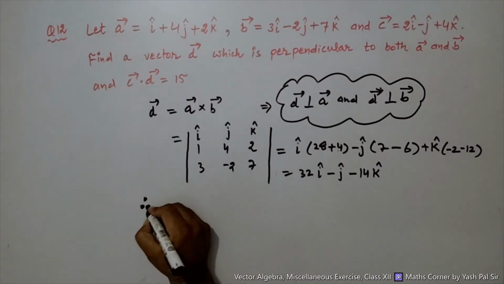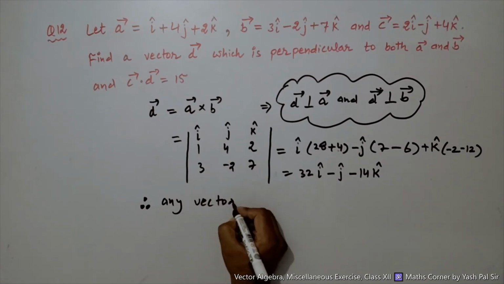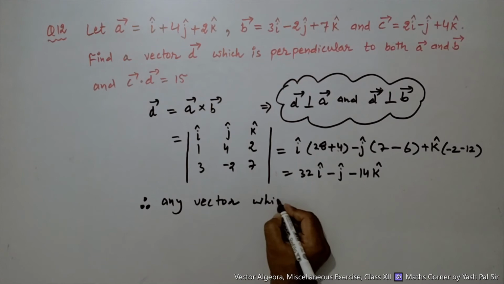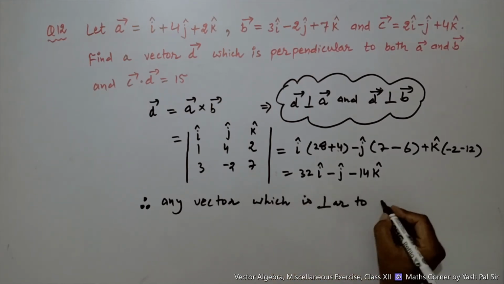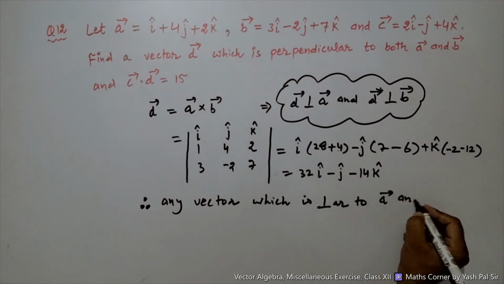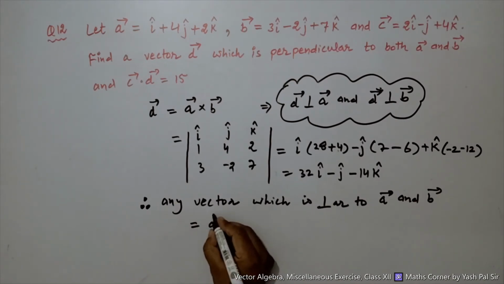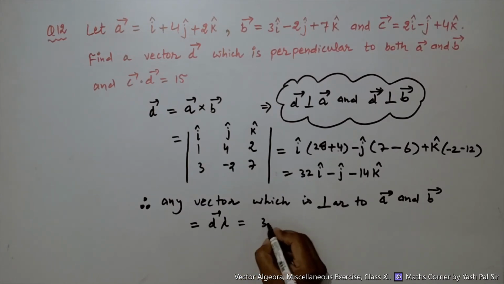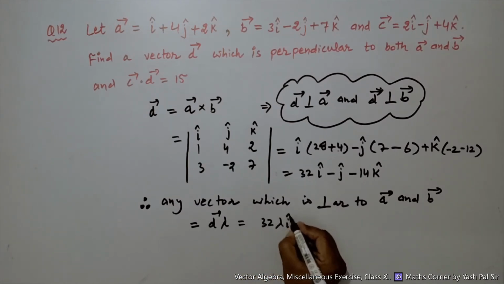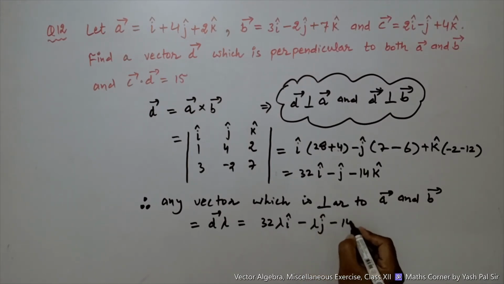Therefore, any vector which is perpendicular to vector A and vector B is equal to D vector, lambda times, which is equal to 32 lambda i minus lambda j minus 14 lambda k.